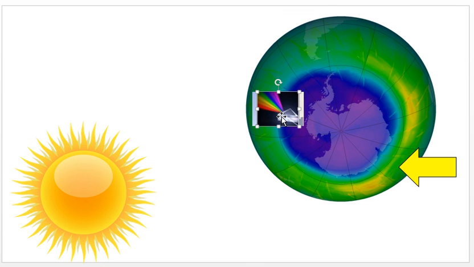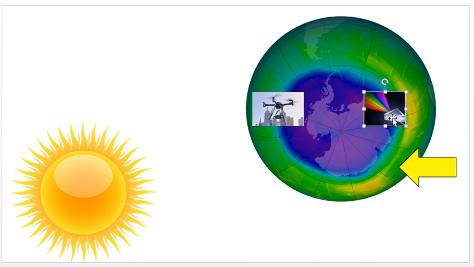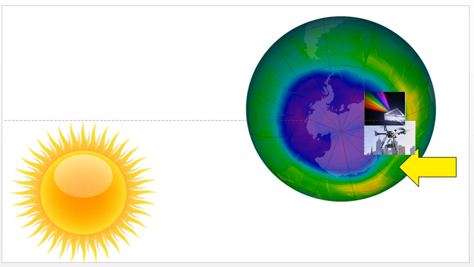Now the prisms and the reflected surfaces will beam those powerful UV light from the sun. Let's say this is the sun, and those light will be bent to hit those CFCs.